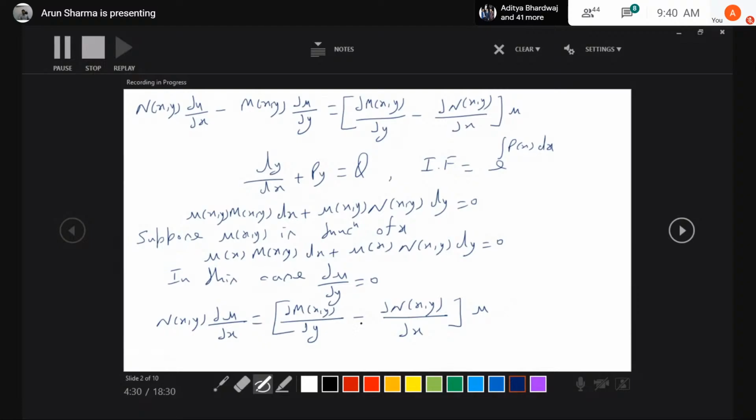It looks like a variable separable form.